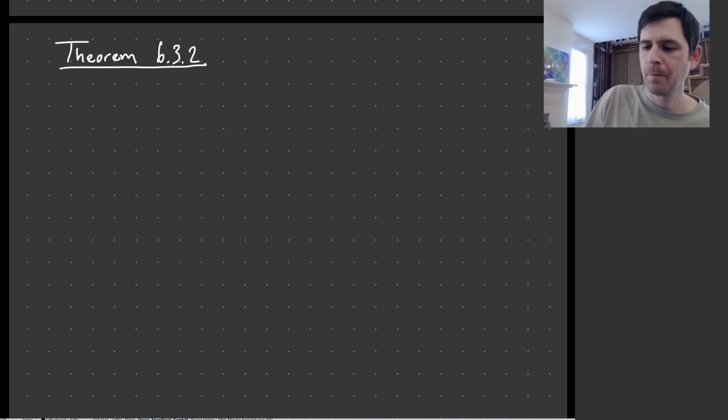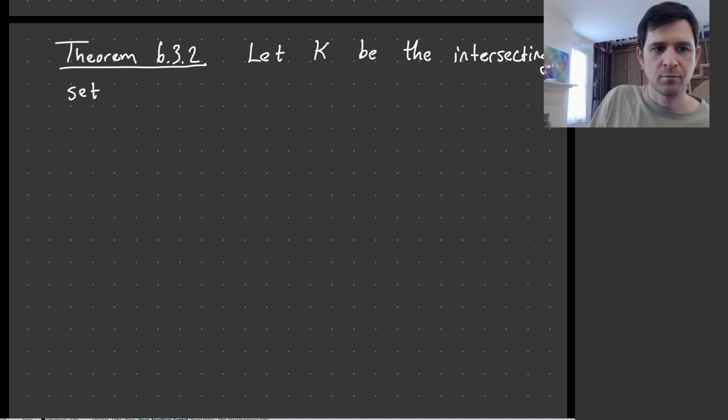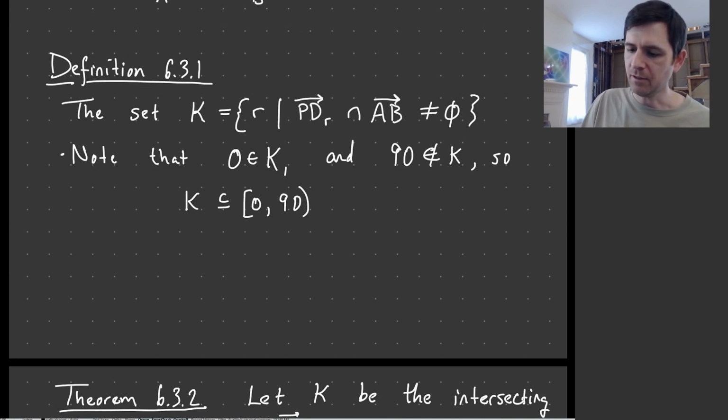Okay, so now let me state the theorem. This is 6.3.2. So let K be the intersecting set for P and AB. So again, the intersecting set.